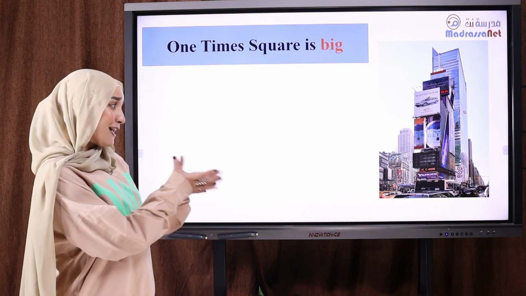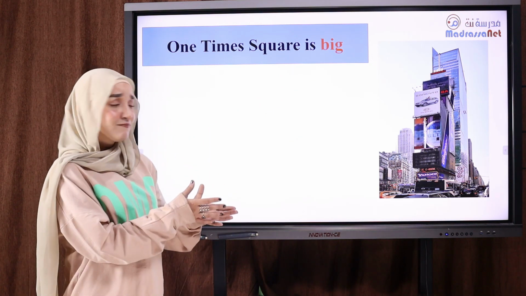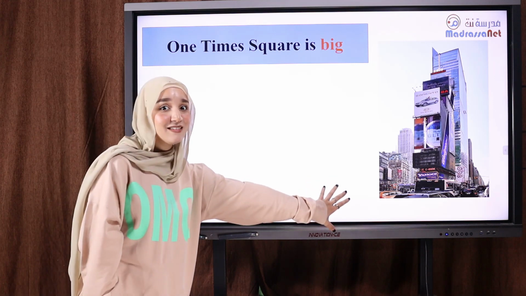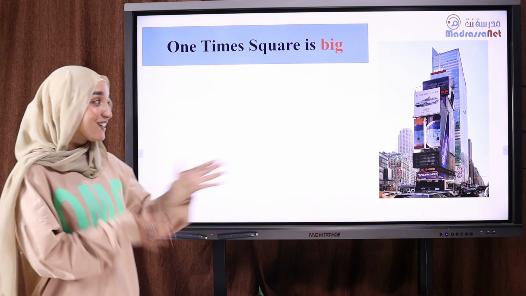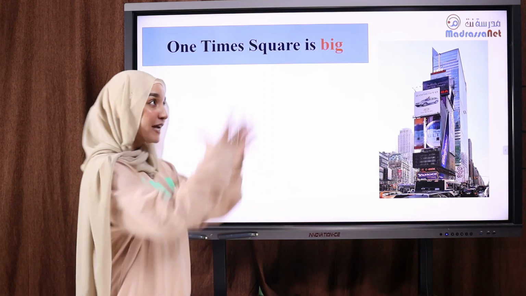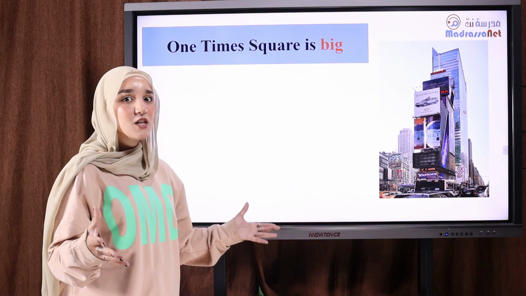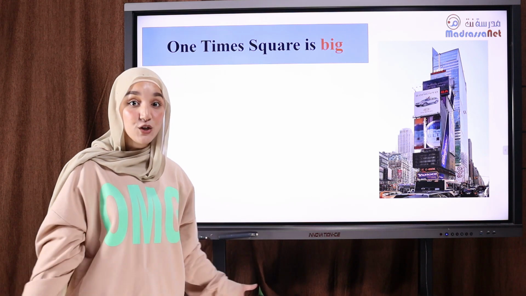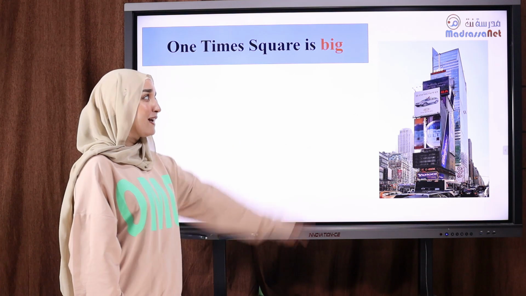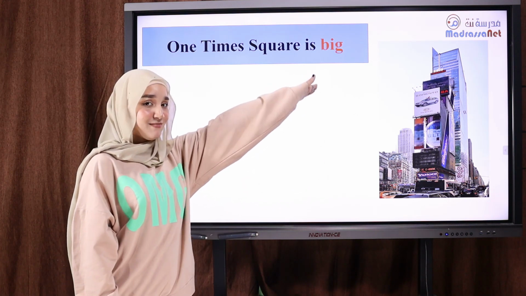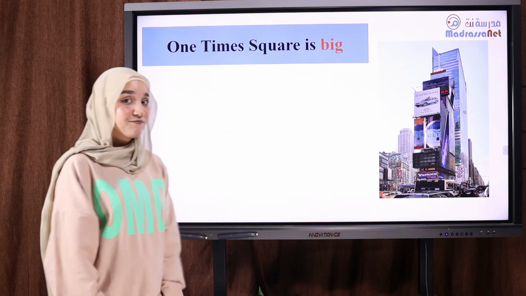Because if I take a look at One Times Square from the screen, it looks big. But trust me, if you take a closer look in real life, it's just too big. It's huge. So, which modifier do you think modifies this adjective best?